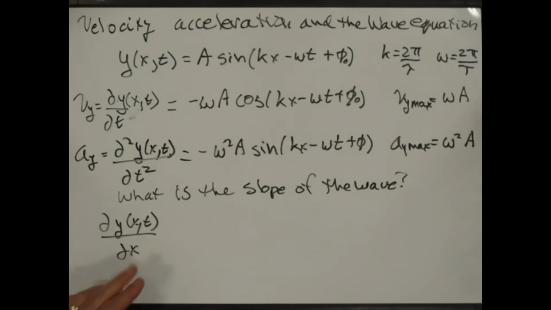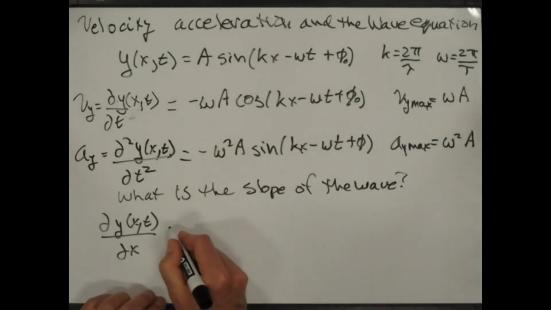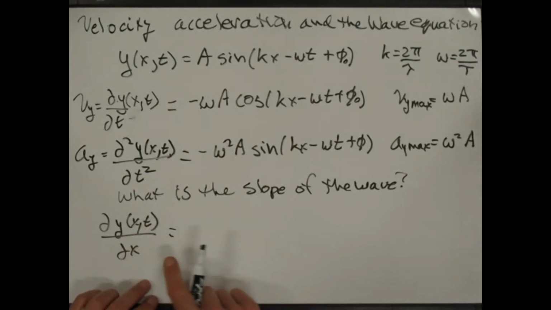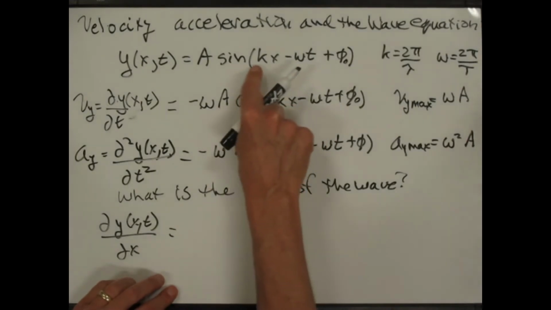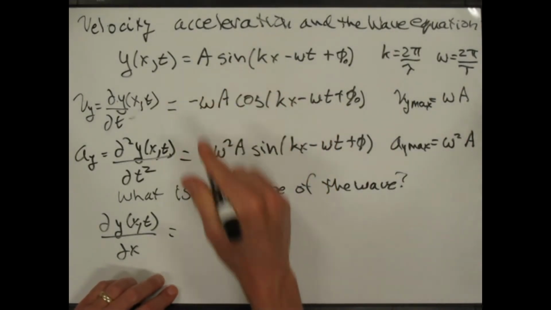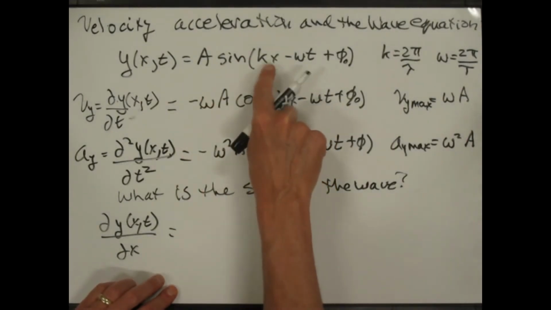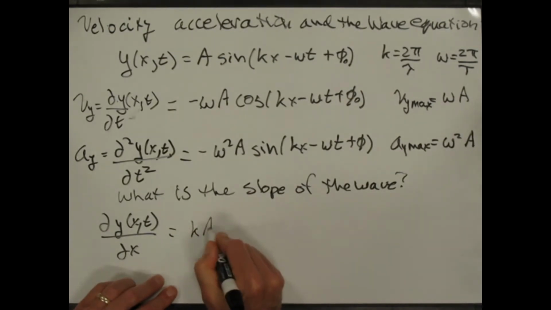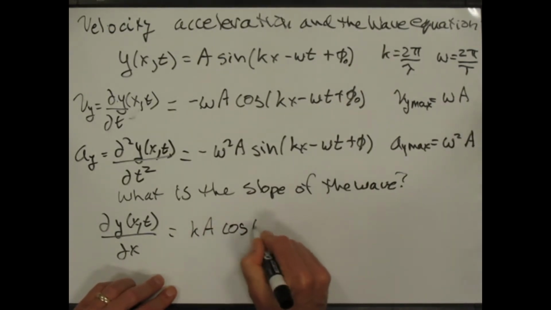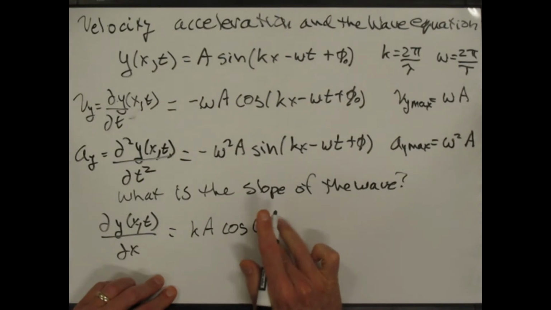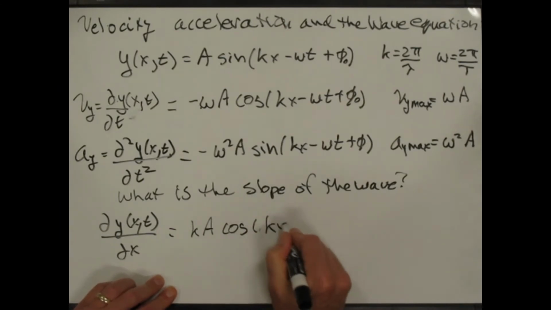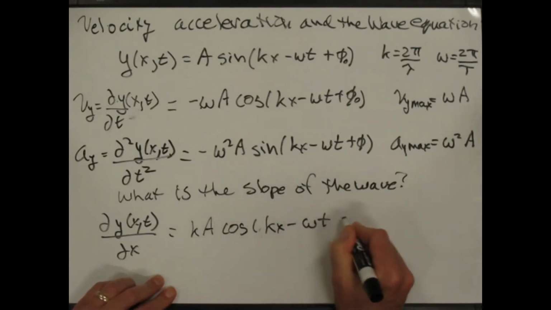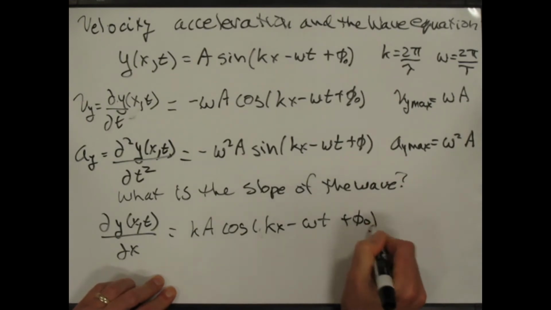Again, we're neglecting the time dependence, and we're just saying the derivative of this with respect to x is, and so I'm doing the same thing. Derivative of sine is cosine, and this is going to give me a k, and so I get k a cosine of kx minus omega t plus phi naught.